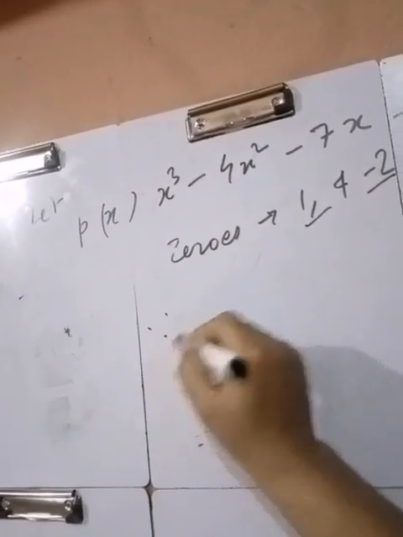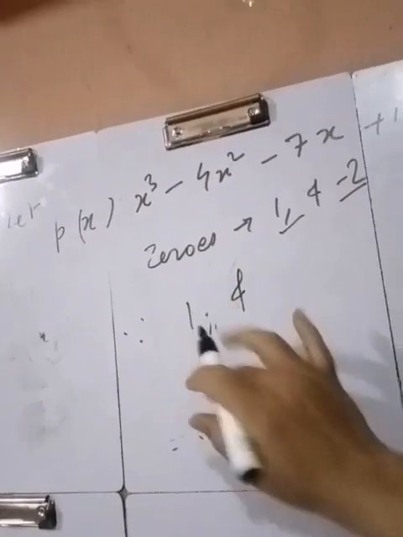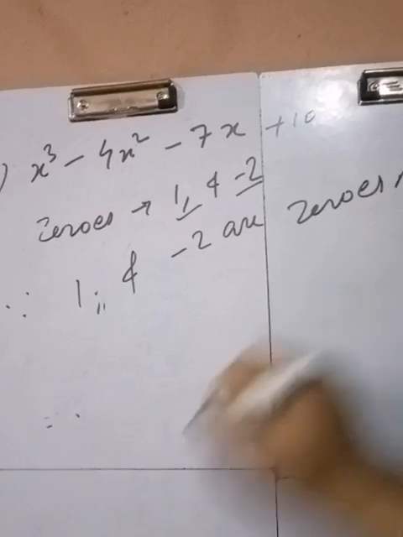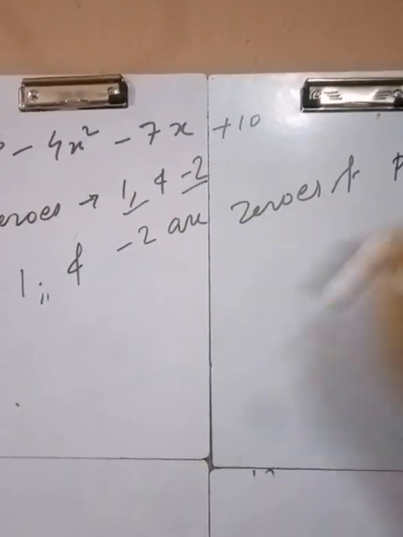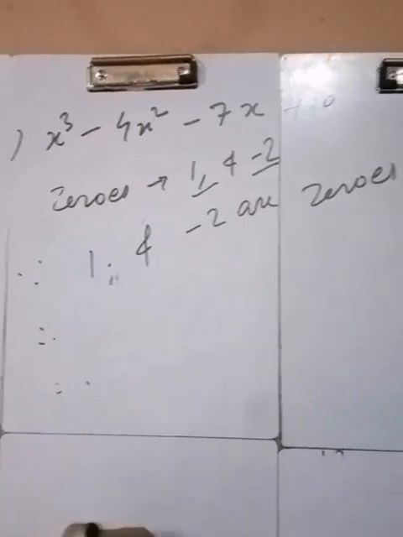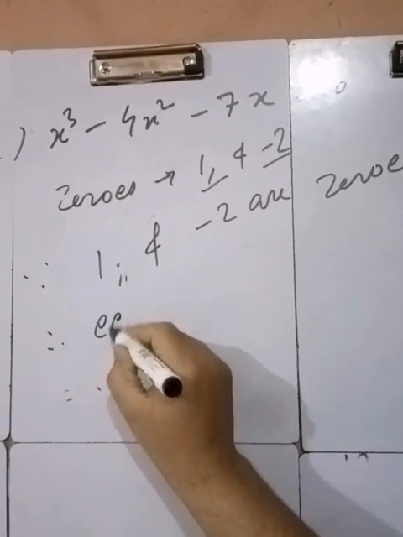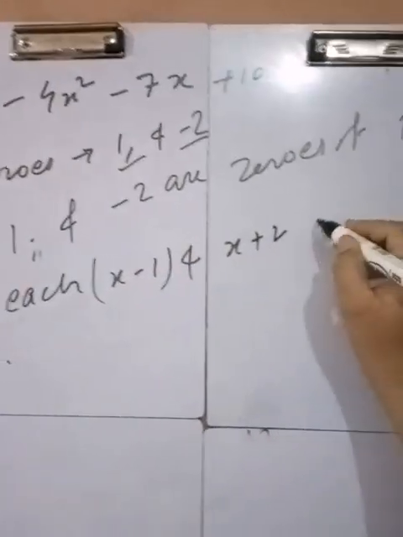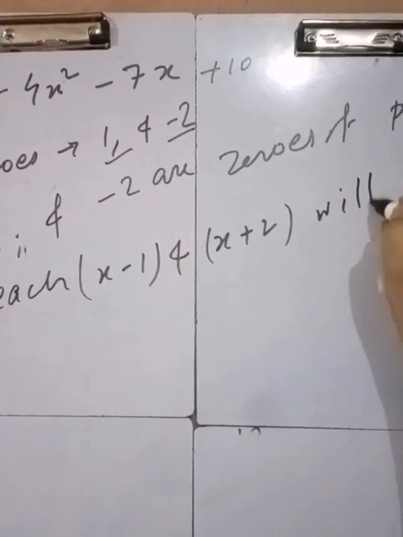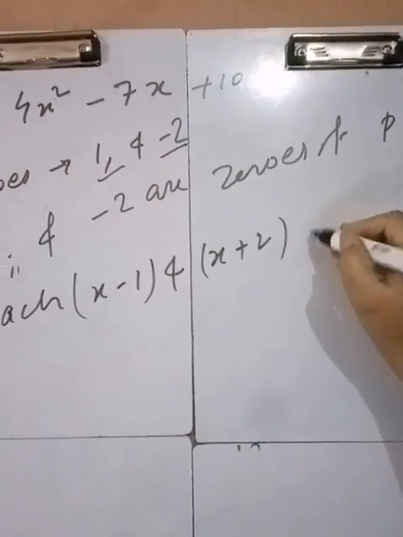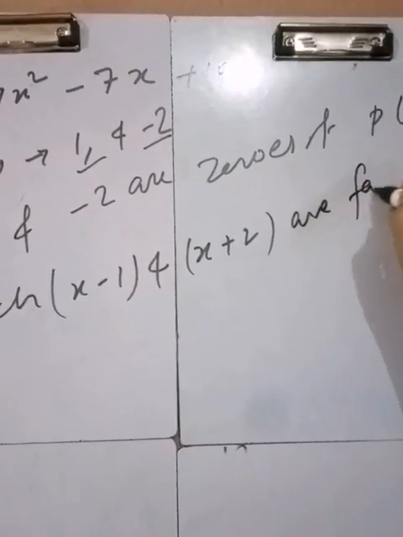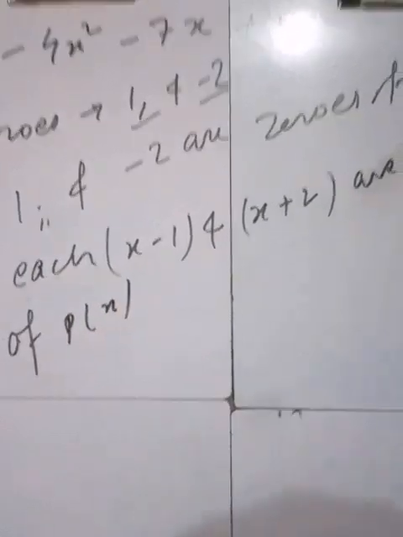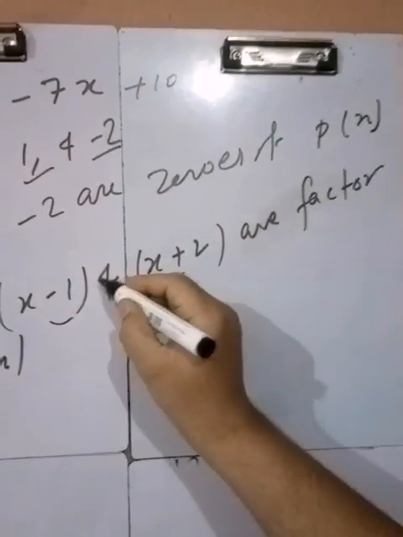So we write: since 1 and minus 2 are zeros of Px, therefore each of x minus 1 and x plus 2 is a factor of Px. Both will be factors of Px.